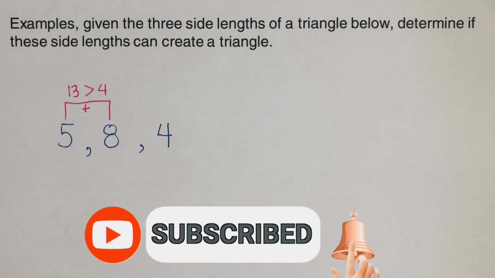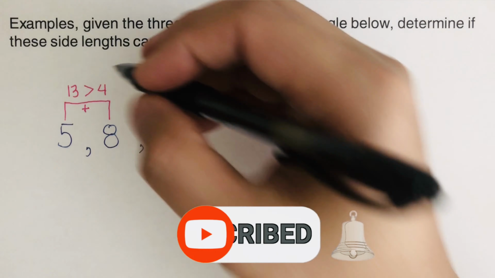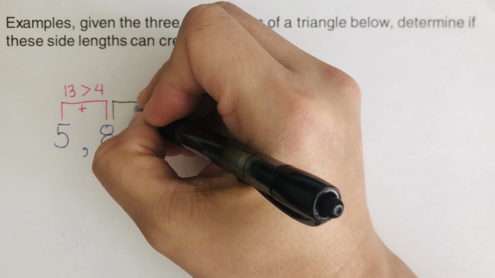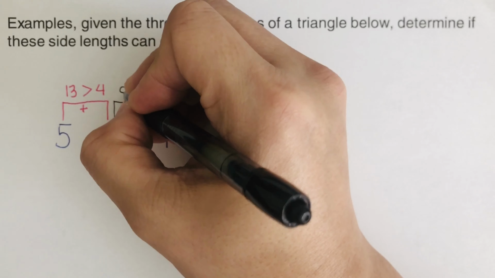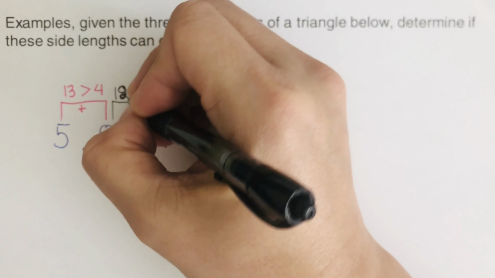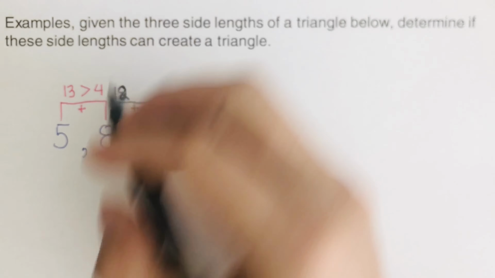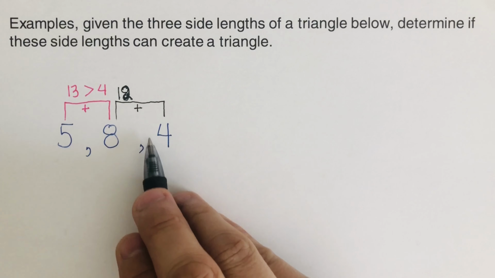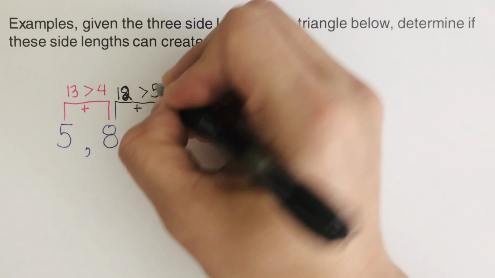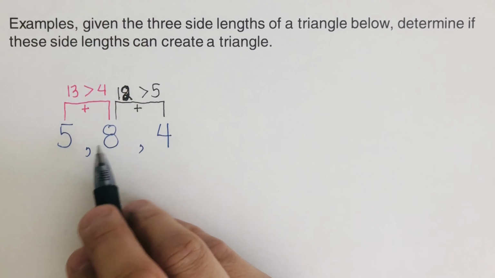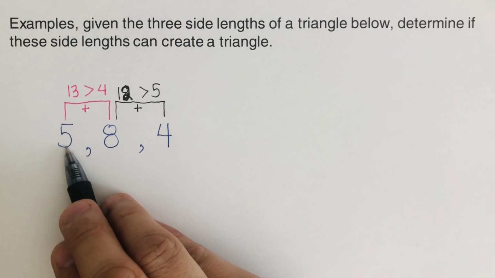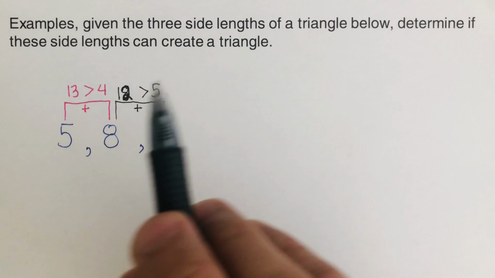Now let's have the next one, 8 and 4. I'm going to add these two. 8 plus 4 is 12. Is 12 greater than 5? Yes, it is. So we're good.